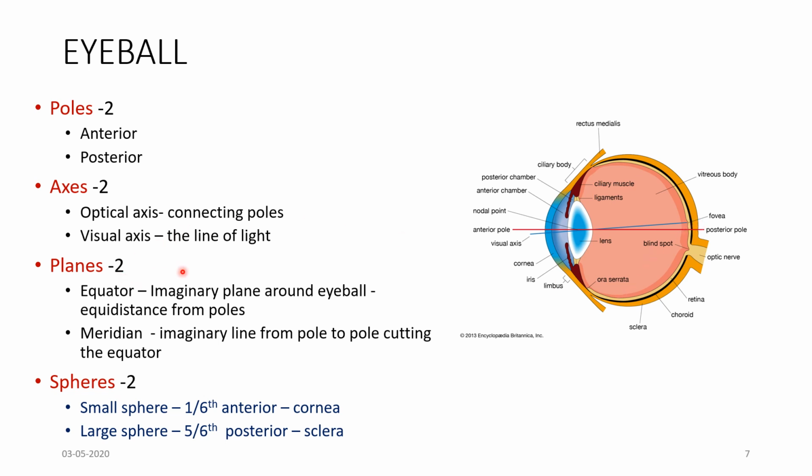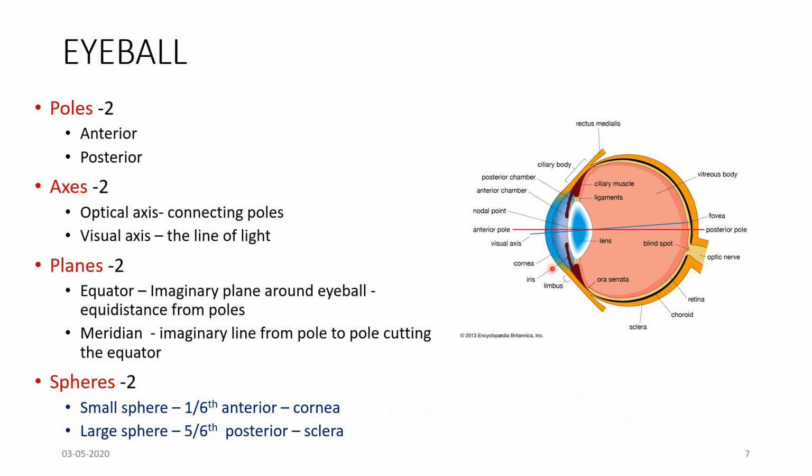There are two planes. One is along the equator, which is an imaginary plane around the eyeball, which is equidistant from the poles. The other imaginary plane is the meridian plane, which is also an imaginary plane from pole to pole cutting the equator. There are two spheres.